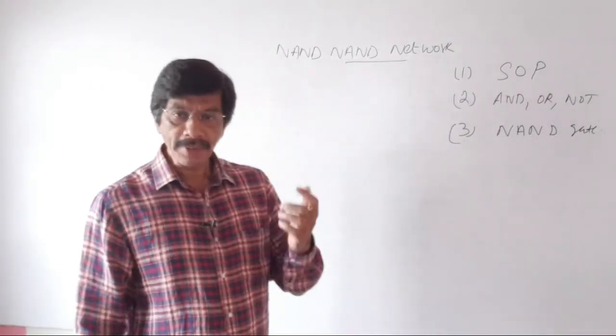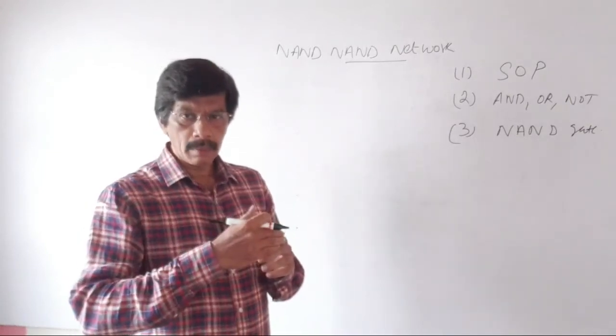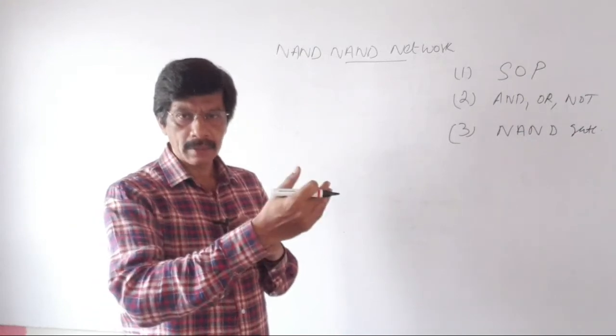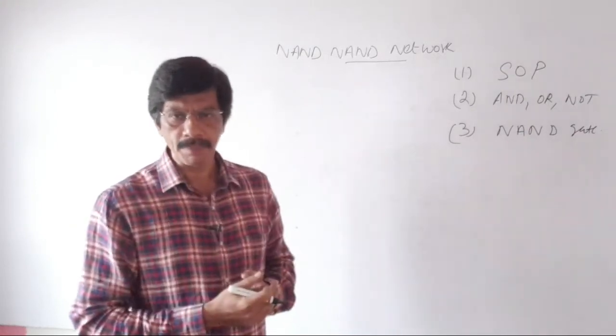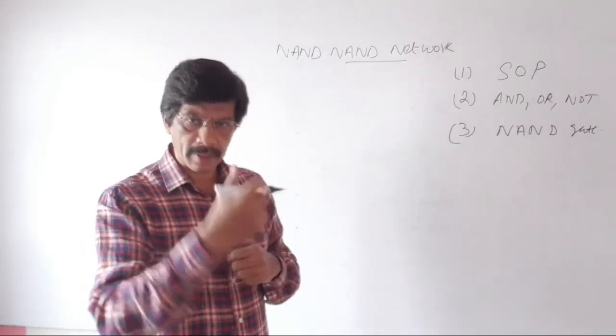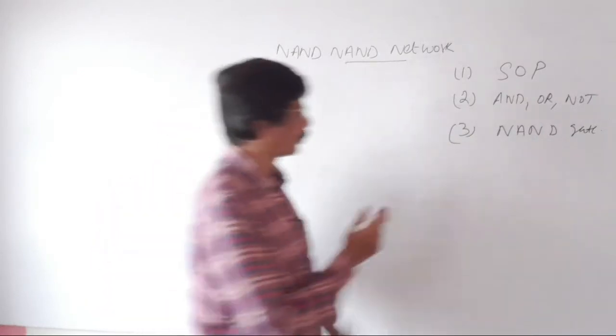If two NOT gates are cascaded, which means one before another, those two NOT gates can be removed from the circuit.